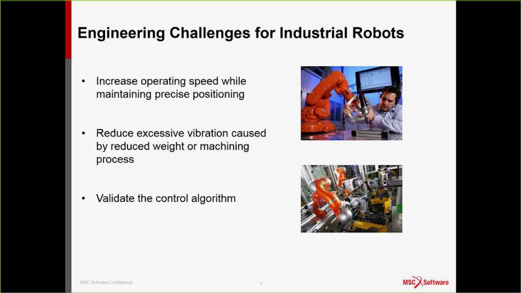So the control algorithm is one of the key factors for people to position themselves among their competitors in this robot industry. One of the things you want to do is validate your control algorithms. You want to make sure it works.